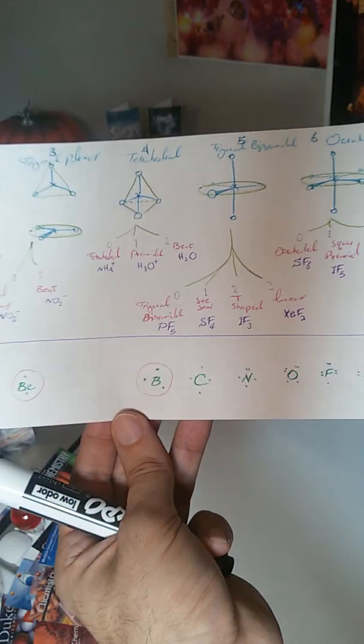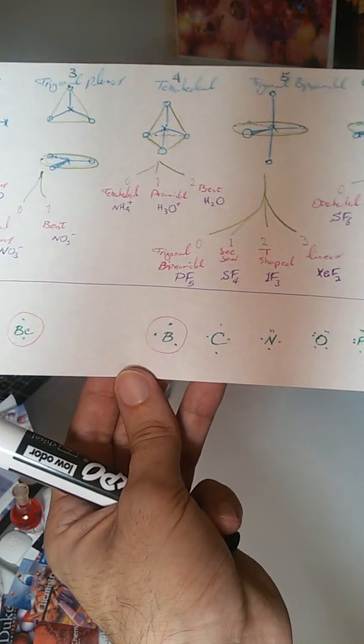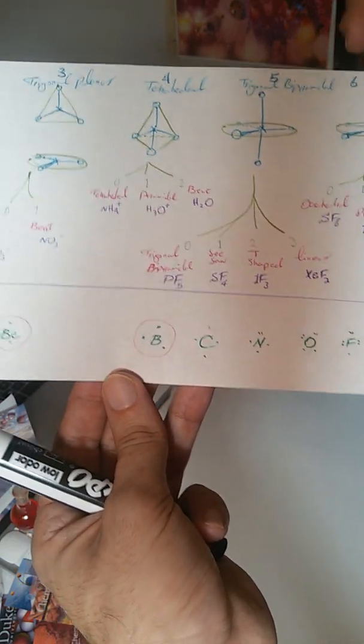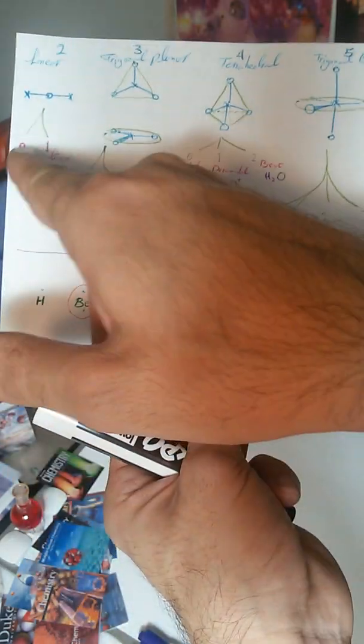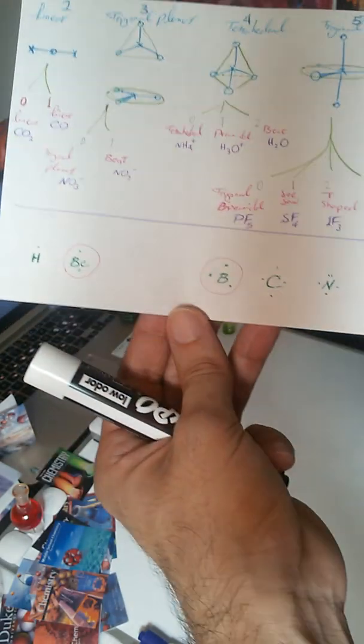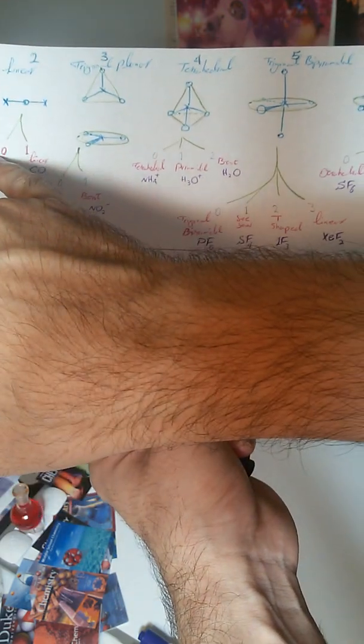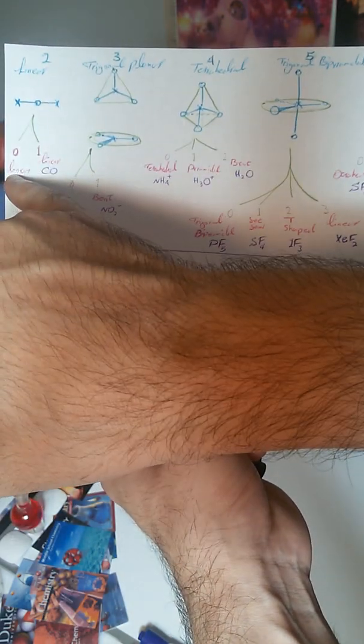So we will count the lone pairs after we're done, and then we count the surrounding atoms, and if the number is 2 all the way to 6, we will have a framework, and out we go from the frameworks based on how many lone pairs I have to find the actual shape of that specific molecule. So it could be 0 lone pairs in this framework, and it would be a linear molecule.